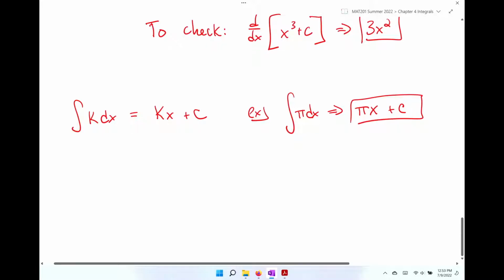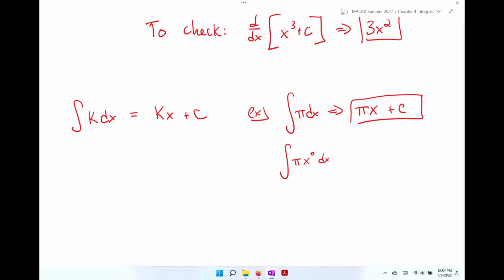The way that we can think about this, and I'm not going to go into a big proof of it, would be that this could be the integral of pi times x to the 0. Now we know x to the 0 is 1, but to keep this simple, notice that we can pull the pi out front.